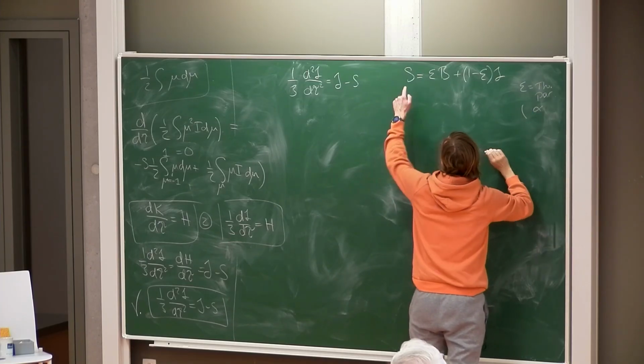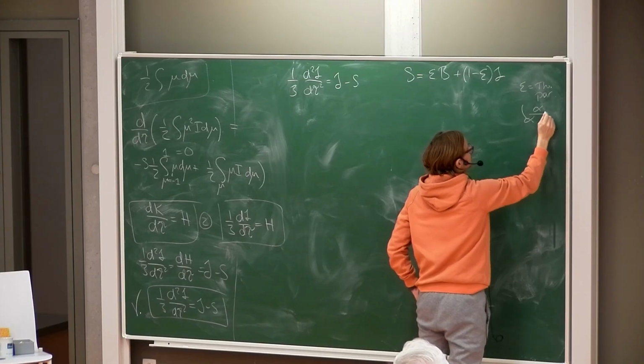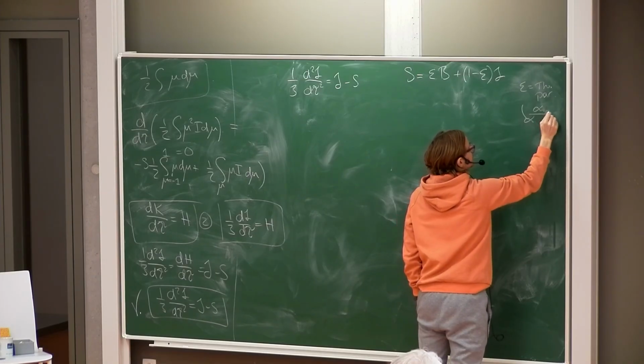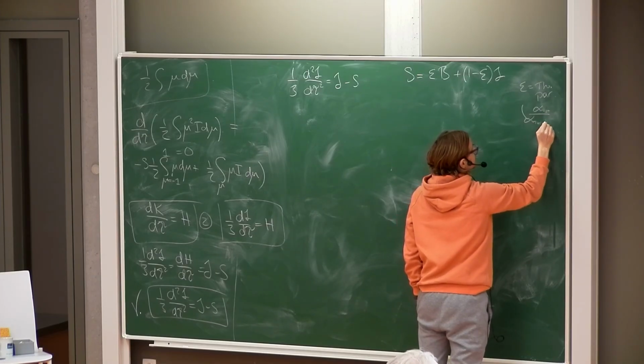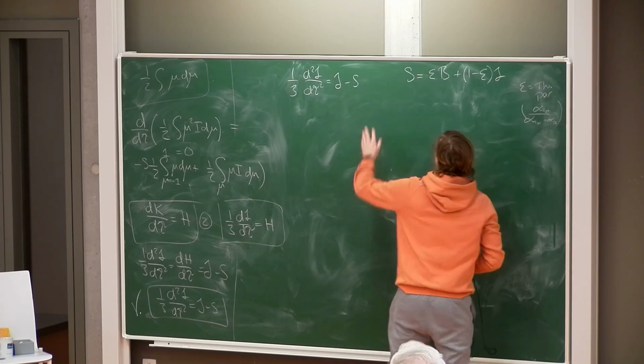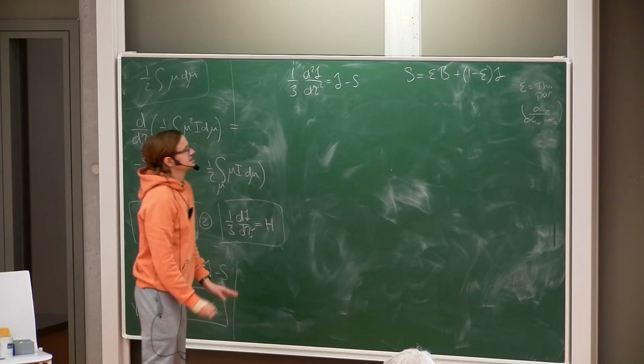Now we took the frequency integrated version here, so this would be alpha thermal plus alpha scattering, and you would really need to do this frequency by frequency. But okay.